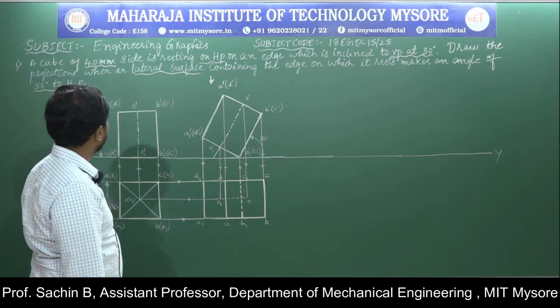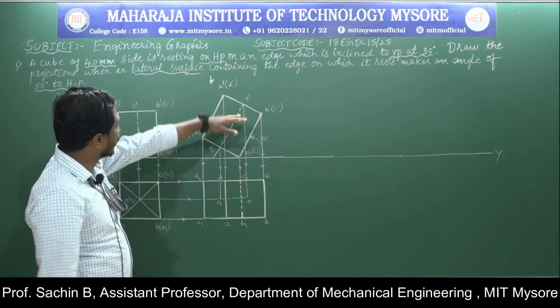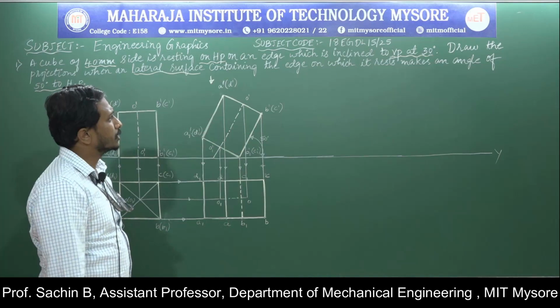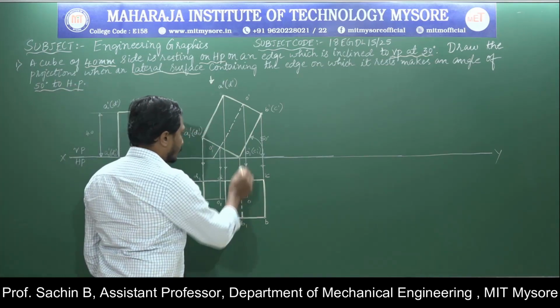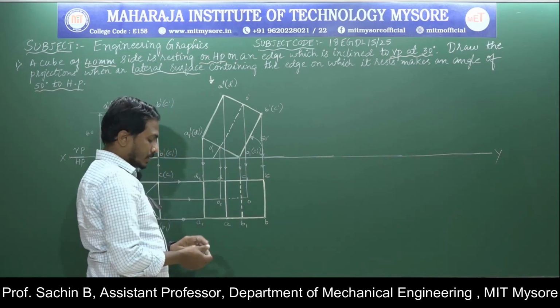Now I will go for the first sentence of the question. Here they have given that the resting edge is inclined to VP at 30 degrees. We already know that B1 to C1 dash is the resting edge.